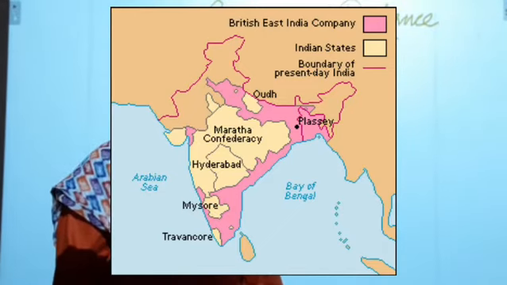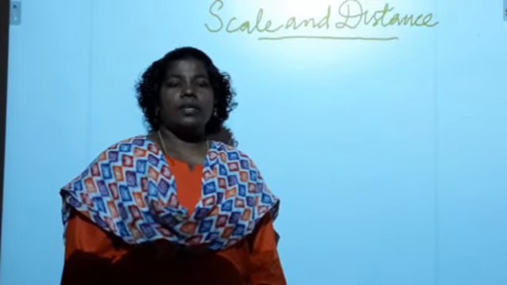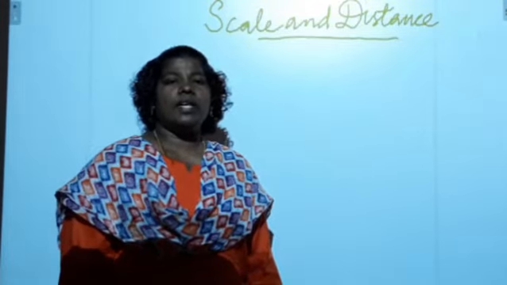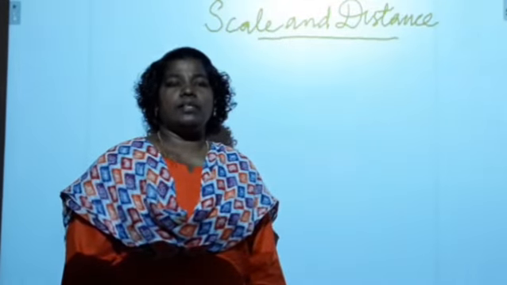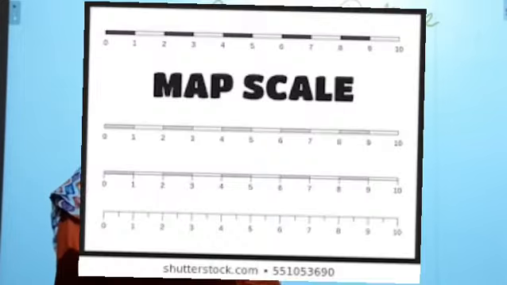Okay, and scale that we are going to see in the class. Okay, scale, it shows the ratio between the two places on the map and the actual distance on the ground, and the direction or the north line that shows important directions.